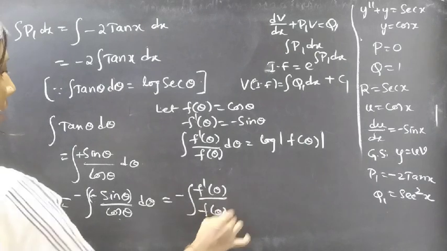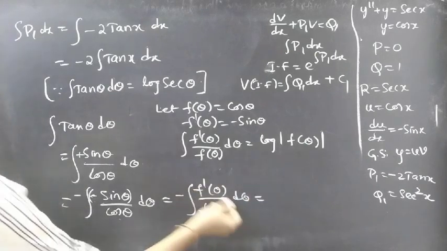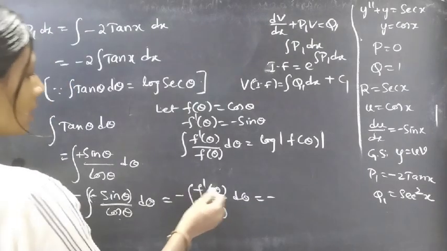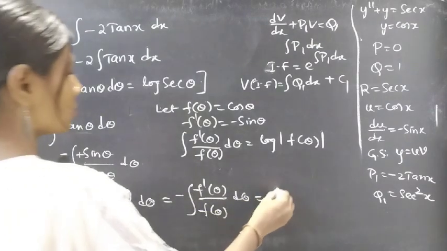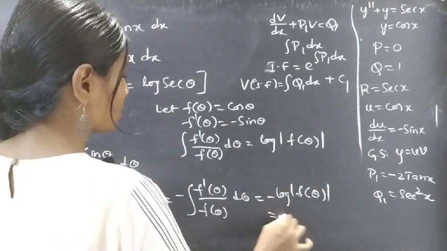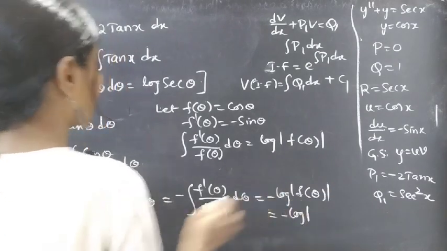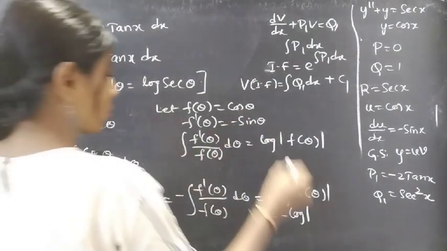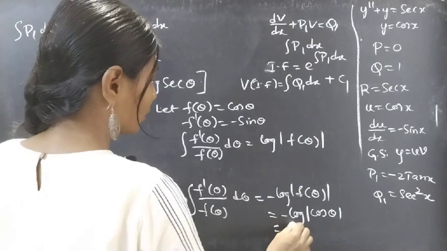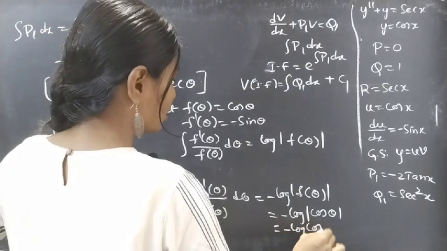So we have minus integral f dash of theta by f of theta d theta, which is equal to minus log mod f of theta. Now replace f of theta, which is cos theta, so we get minus log cos theta.